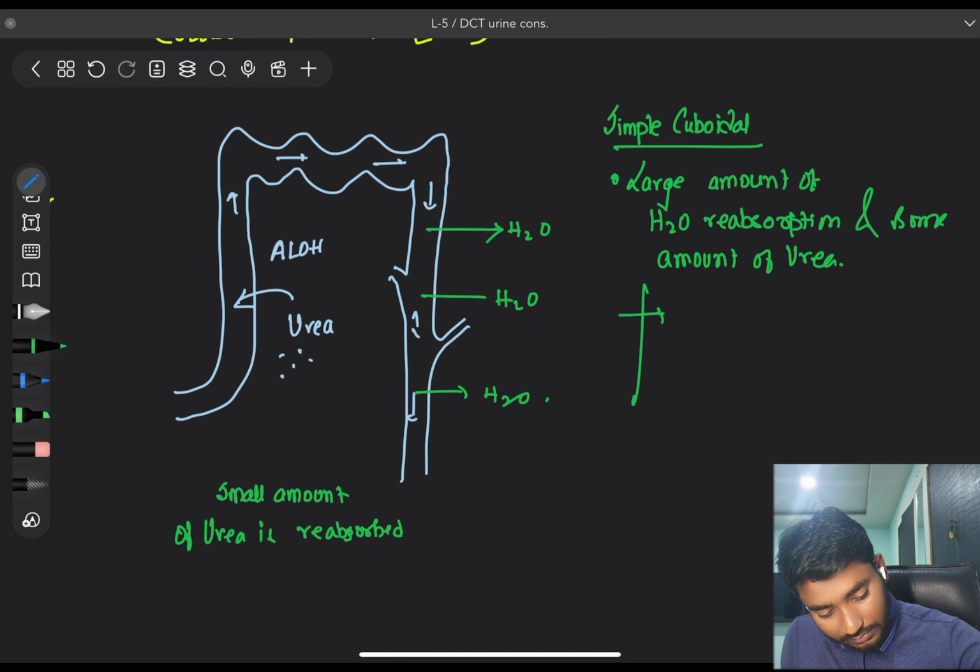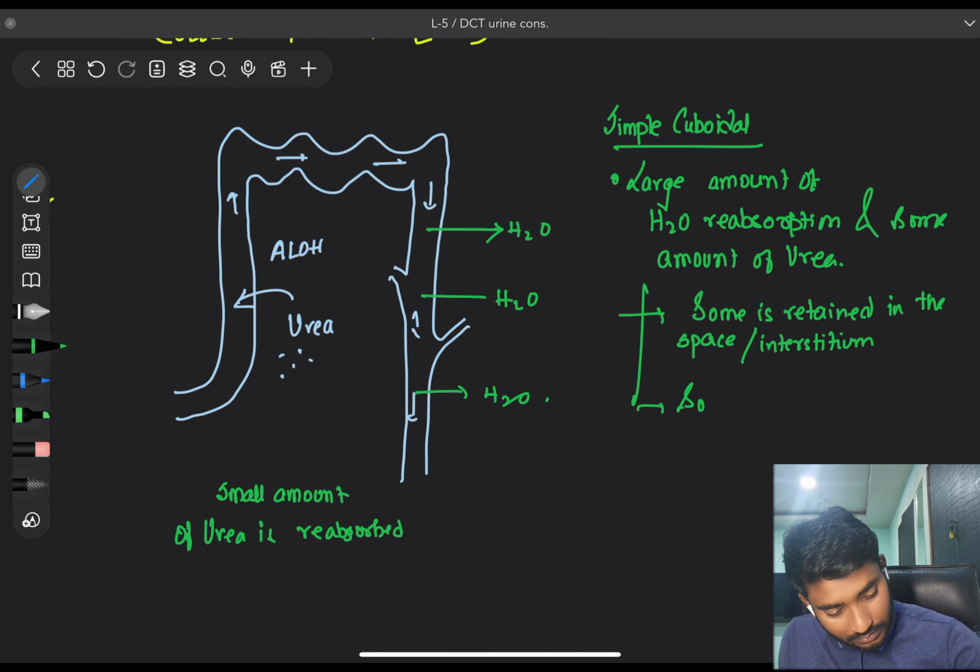So here some is retained in the interstitium. Some goes back to the ALOH, ascending loop of Henle.